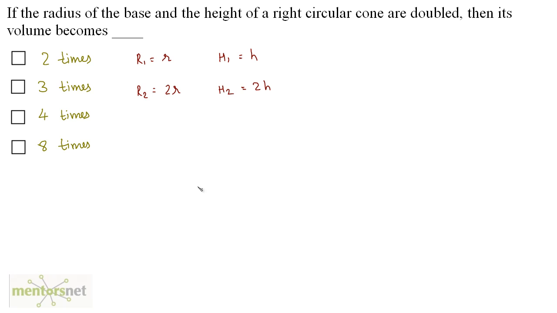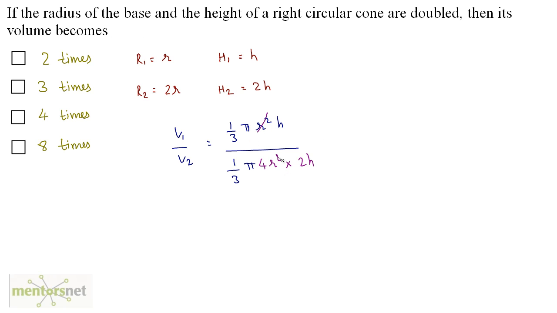Now let us take the ratio of the volumes. So I can say V1 by V2 is equal to 1 by 3 pi R1 square H1. Now let's put the values of R1 and H1. So this will become R square H upon, what is V2? Well, it is 1 by 3 pi times R2 square, so this will be 2R square, that's 4R square, times 2H for V2.